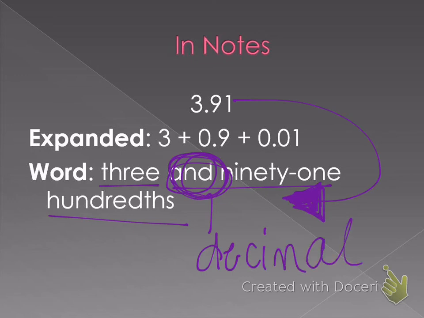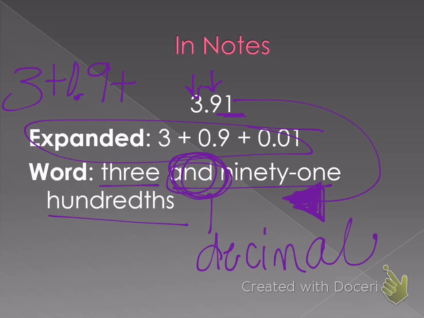For expanded form, you need to separate out each place value. You can use your place value chart to help you separate out each number. The 3 is in the ones, so I have to put that one first. My 9 is in the tenths place, so I have to write that as a decimal. But the next one is where it can get tricky sometimes. I have a 1 in the hundredths place.